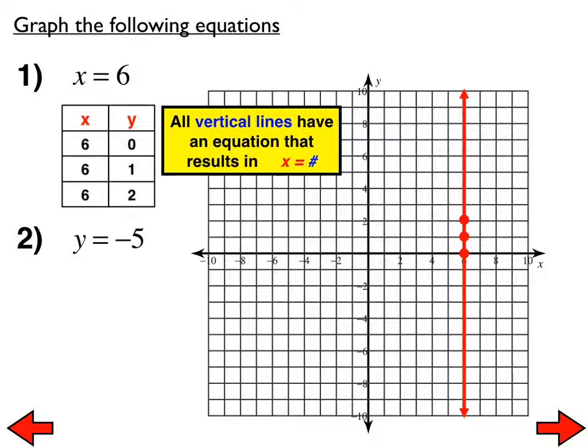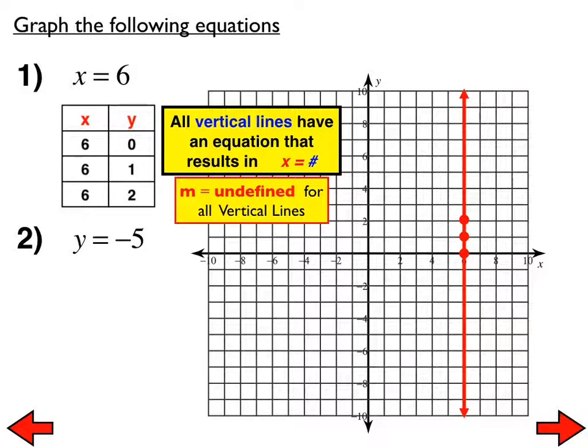And then it should make sense that if we have an equation that's just y equals some number, by the way, I just said that, but m is equal to undefined. In other words, the slope is undefined for all vertical lines.